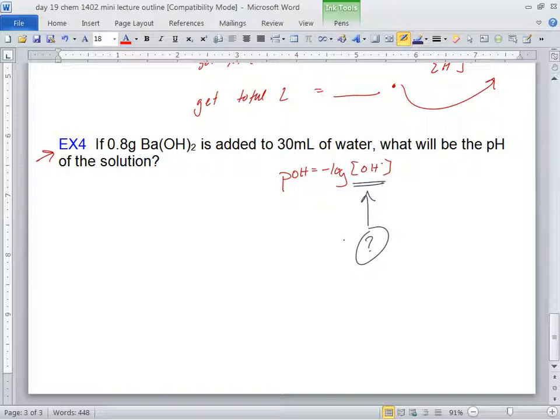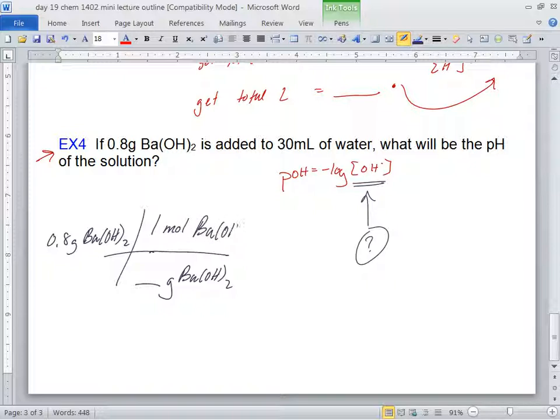That's just the trick. So you take your 0.8 grams of barium hydroxide, and don't forget what Enrique said. Realize you have two OHs. So get the molar mass of the stuff. That's always molar mass, right? 1 mole of the stuff is that many grams. You always do it that way. Just realize, though, you're after moles of OH.